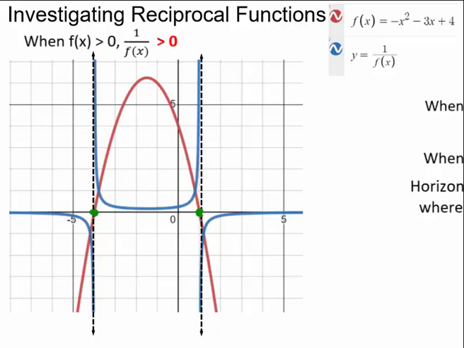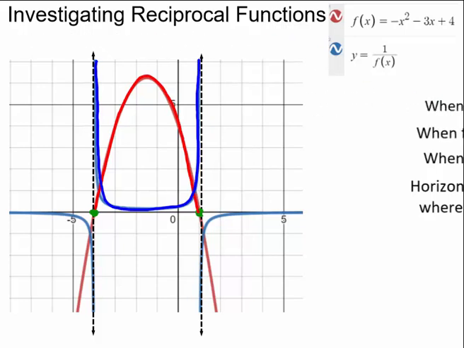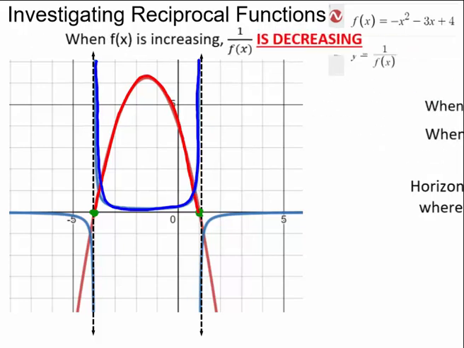So the next thing we're going to look at here is what happens when my graph was positive. f at x is greater than 0. Well, dividing 1 by a positive value, we of course will end up with a positive value as well. And so in this section where my original graph is positive, you can see that the new graph is also positive, which hopefully should make sense. 1 divided by a positive number does get me a positive number.